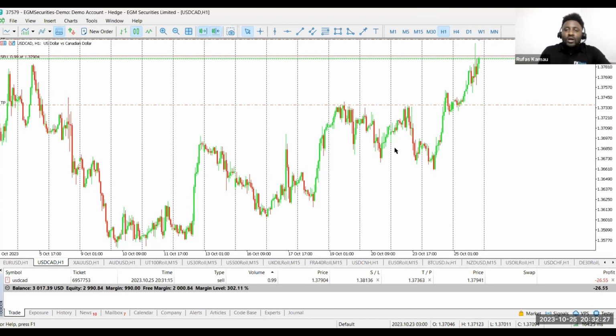So that will literally help you solve the position sizing issue. So once you resolve the position sizing issue, now you can move on to other issues in your risk management journey in trading. So now that we have resolved that, let's move on to the next part of the presentation.